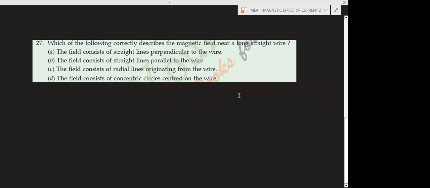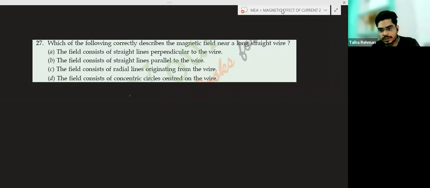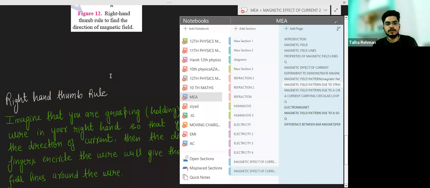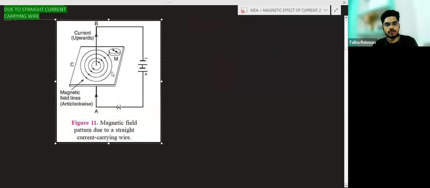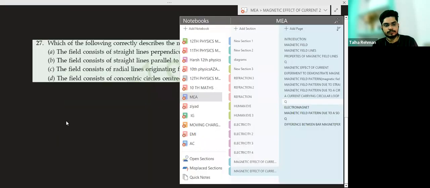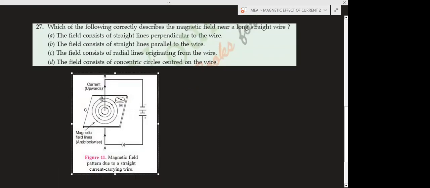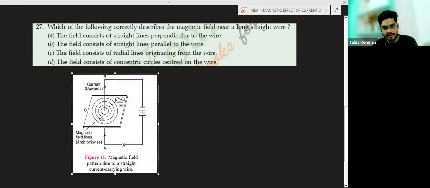D. Yes, right. Due to the straight wire, the magnetic field lines are concentric circles, and the center is lying on the wire. So option D will be the correct option.